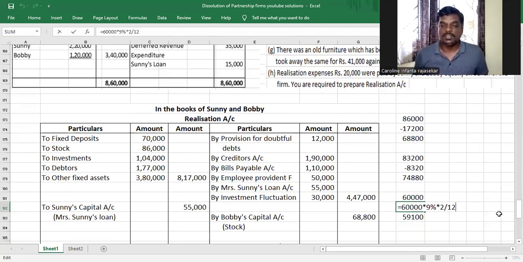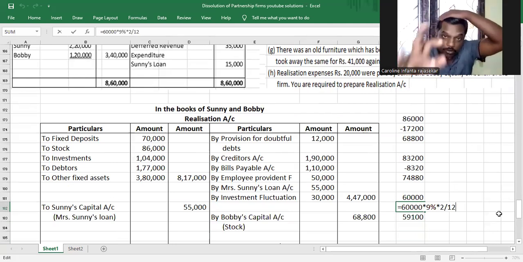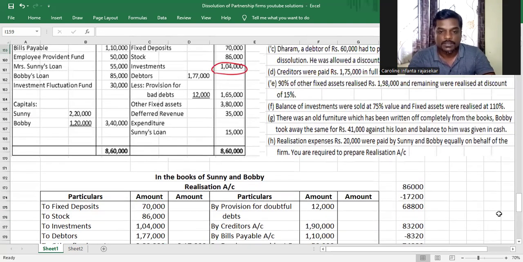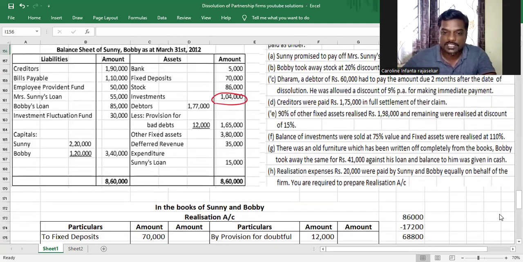How did I calculate it? 60,000 into 9% into 2 by 12. If they've given the number of months, and if they told you that the discount percentage is per annum and not on the full amount, like they've given it here, you see? Discount percentage is 9% per annum. Per annum is a headache, boss.